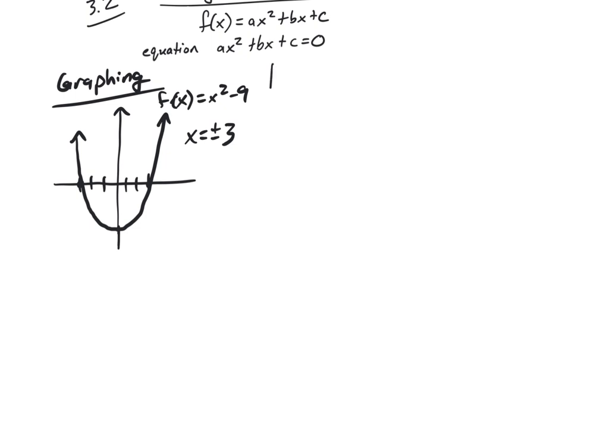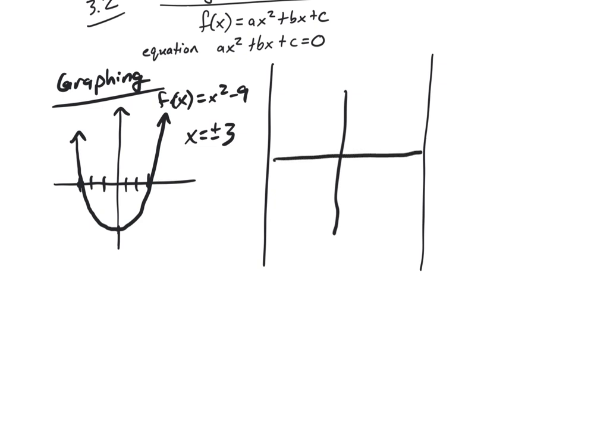Okay, another type of graph that we might see is x squared minus 6x plus 9 equals 0.